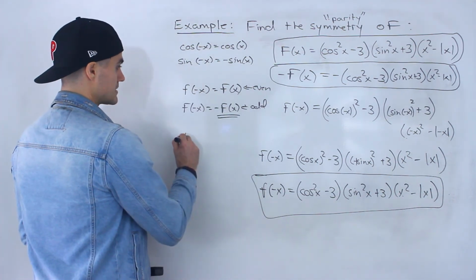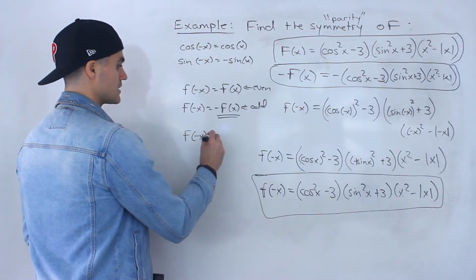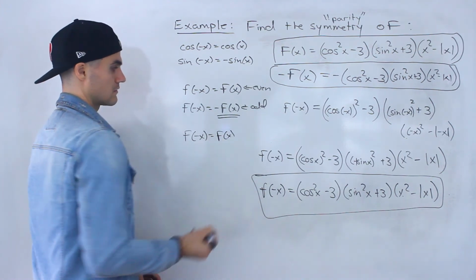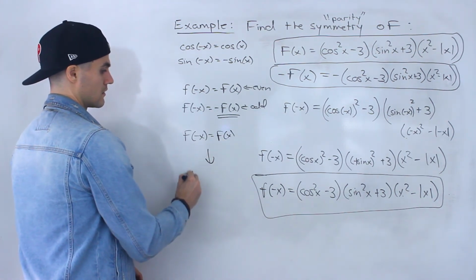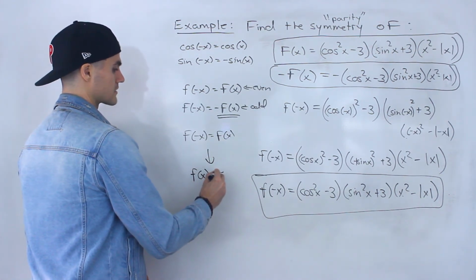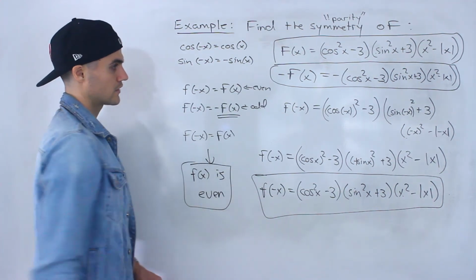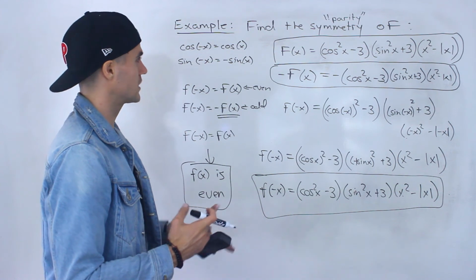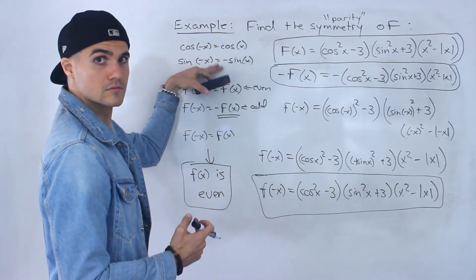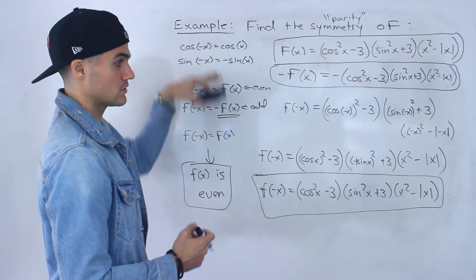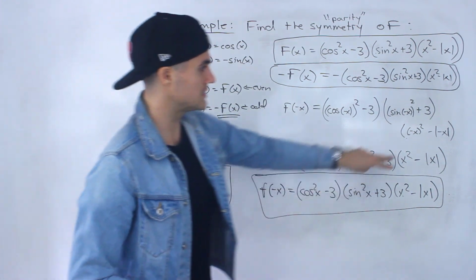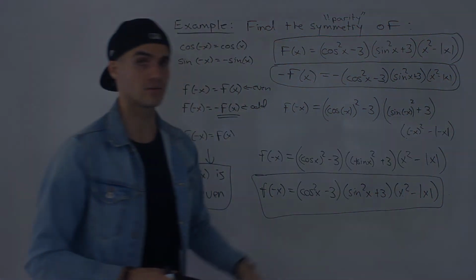Right, so because f of negative x equals f of x, it means f of x is an even function. So what made this kind of tricky is knowing these fundamental trig identities, and then maybe dealing with this absolute value right there.